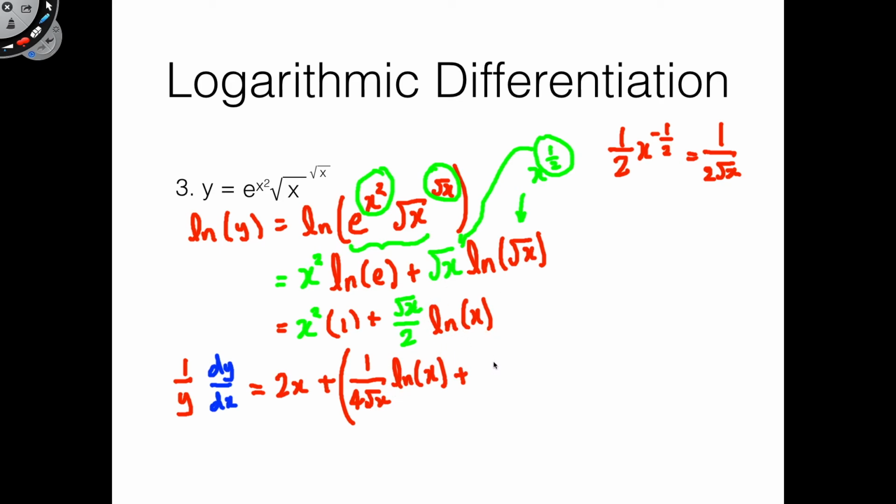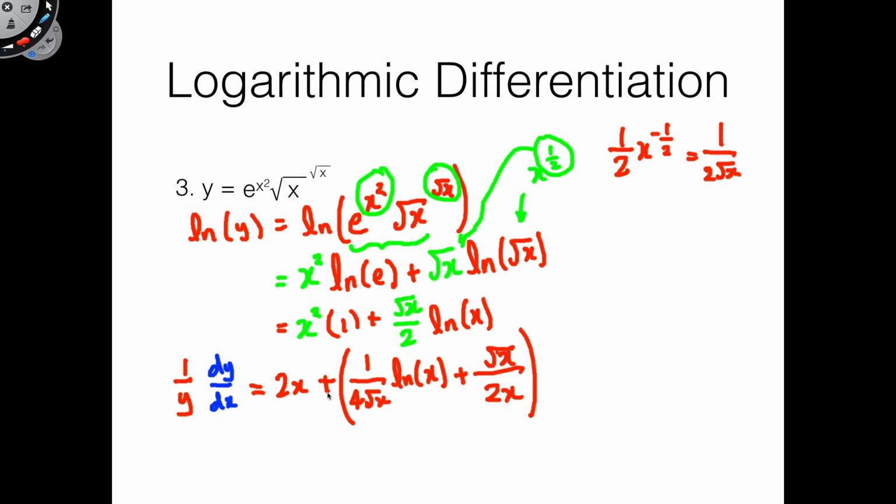This and plus this would just be root x over 2x. Again, because the derivative of ln of x is 1 over x, so I'm just putting that x in the denominator and leaving this as it is. All right. So you could simplify that further, but you don't really need to, because you'd get a negative exponent, and yeah, you don't need to.